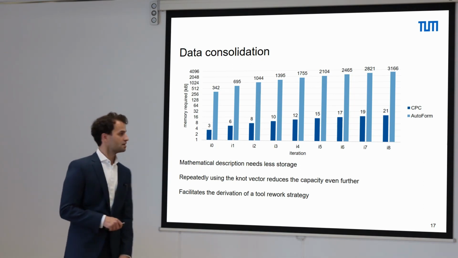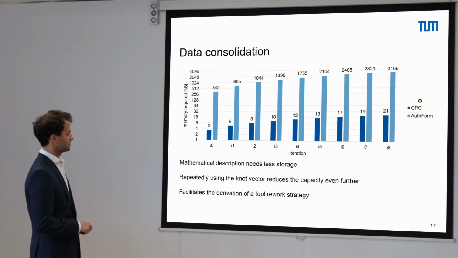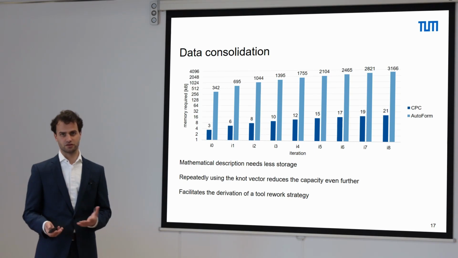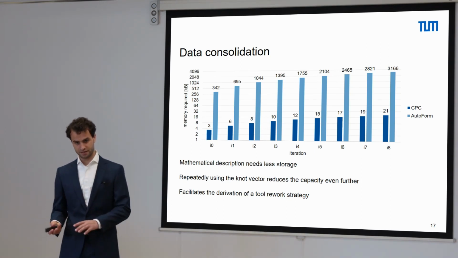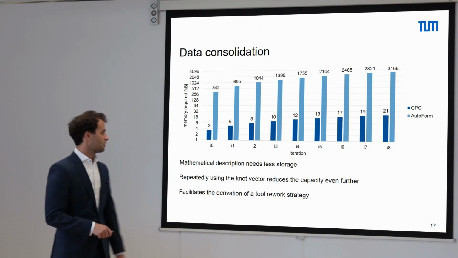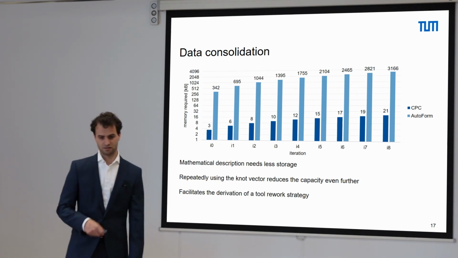Here you can see the memory required for the 8 iterations with the control point compensation method. It doesn't matter if the alpha is 0.5 or 0.8, because we just need to save the control point coordinates in the y and z direction. We need just 21 kilobytes for the 8 iterations summarized.